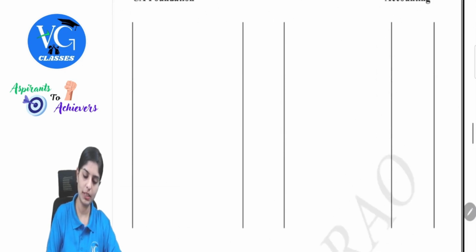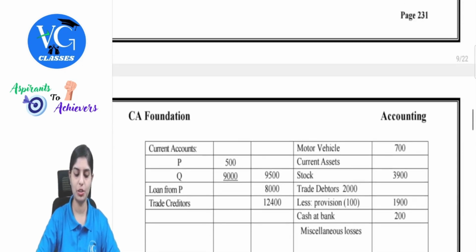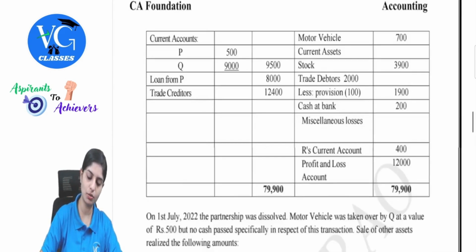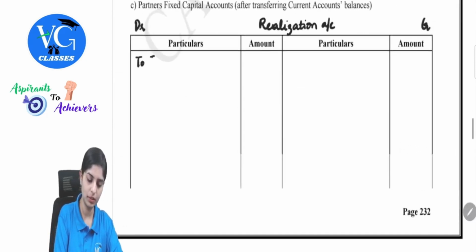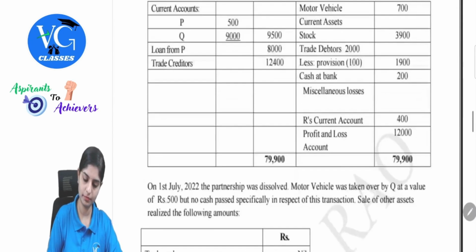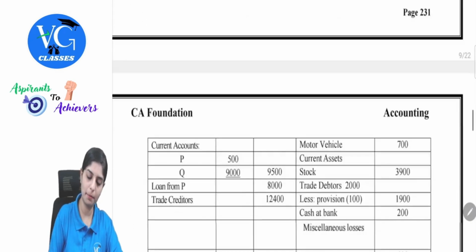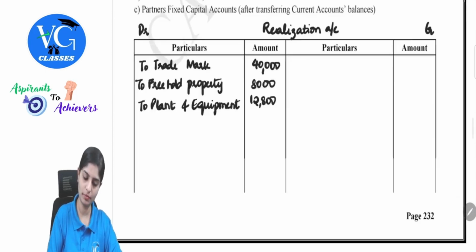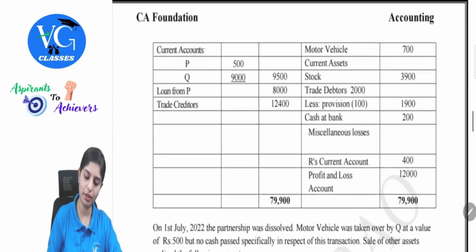Yes. So first step, as we followed in the previous question, let's clear the balance sheet. Asset side, fixed assets. Trademark, 40,000, to trademark. Freehold property, to freehold property. 8,000 plant and equipment, 12,800, to plant and equipment. Next will be motor vehicles, 700.